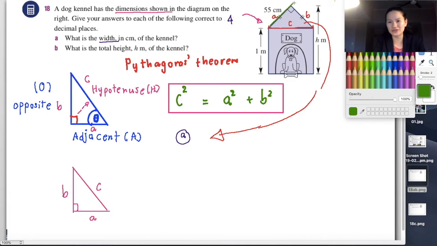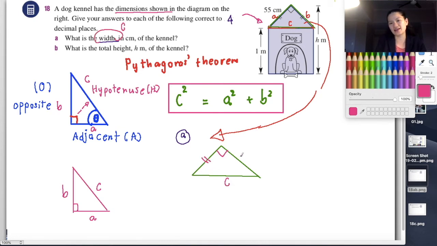I'm going to copy this piece of the picture and write it down over here. Can you see it? So it's similar to this picture. Okay, the right angle is here. They want you to find the width in this picture, with a C.